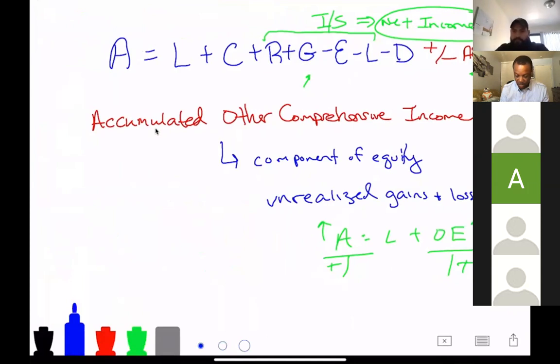You'll see a lot of companies use this approach of recording their investments as an available for sale security. Questions?